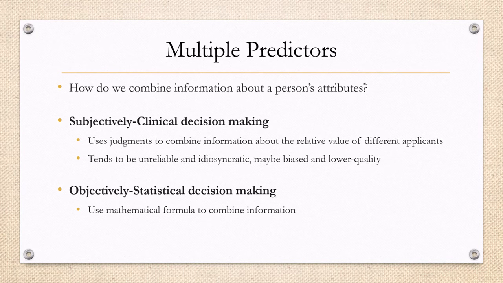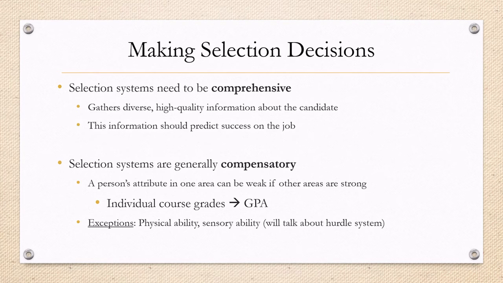This tends to be unreliable and idiosyncratic, maybe biased, and lower quality selection choices than what's called objective decision making, also called statistical decision making. This uses a mathematical formula to combine information, and we can do this in a couple different ways.